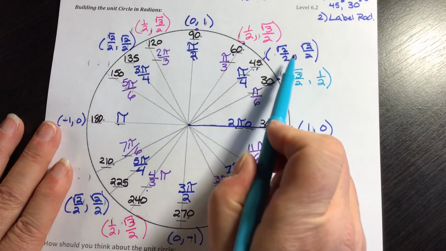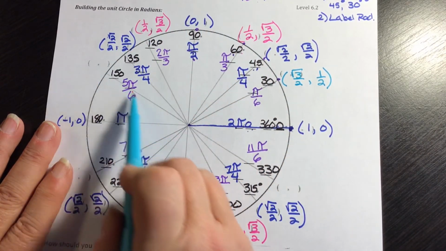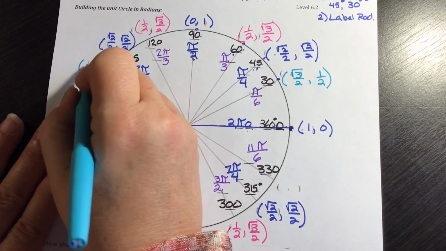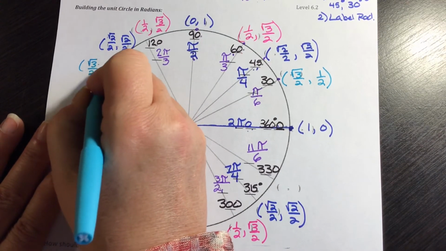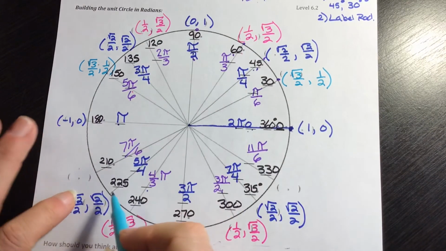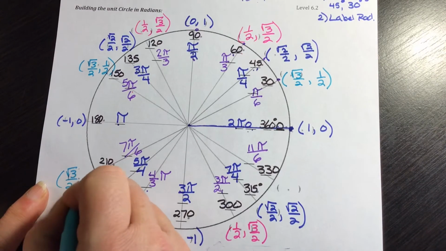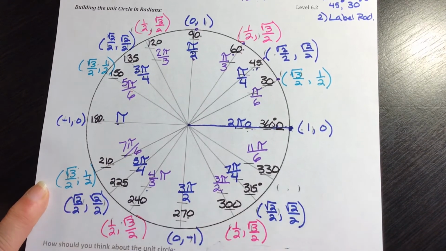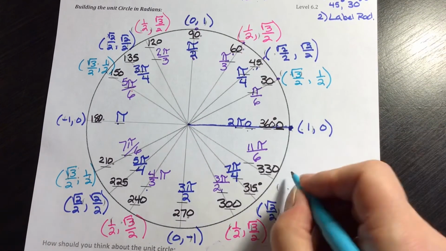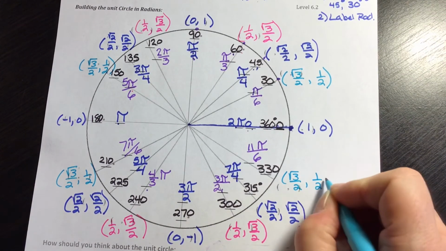Now I'm going to go around, and in this quadrant I have the odd pi over 6. This is going to be square root of 3 over 2 and 1/2. Then I'm coming down here to 210, square root of 3 over 2 and 1/2, and over here to 330, square root of 3 over 2 and 1/2.